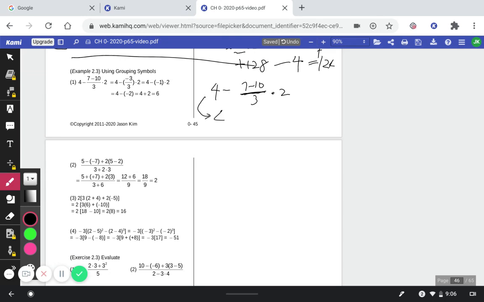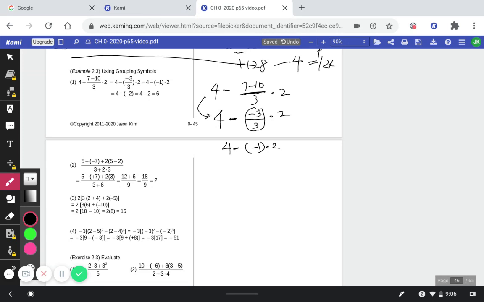So you rewrite 4 as it is, minus 7 minus 10 means positive 7 minus 10, so you end up with negative 3 over 3 times 2. And then you have to simplify this fraction first, so you end up with 4 minus negative 3 divided by 3 is negative 1 times 2.